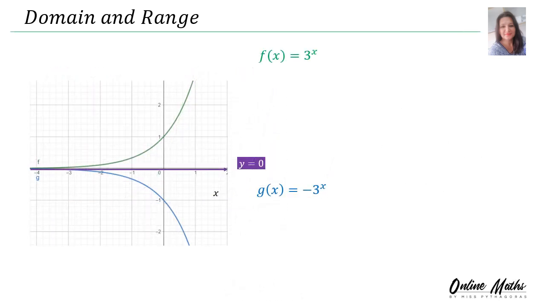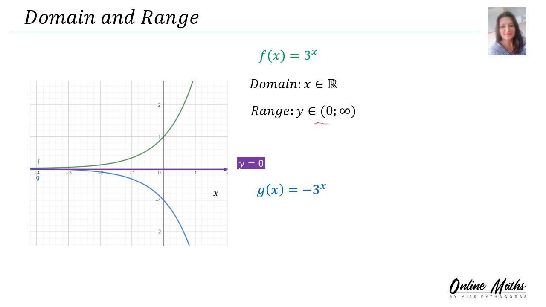The domain and range for this graph. For the green graph, f of x is 3 to the x. The domain is x is an element of the real numbers. And the range is y is an element of 0 up to infinity. Remember, the range you read from the bottom upwards.